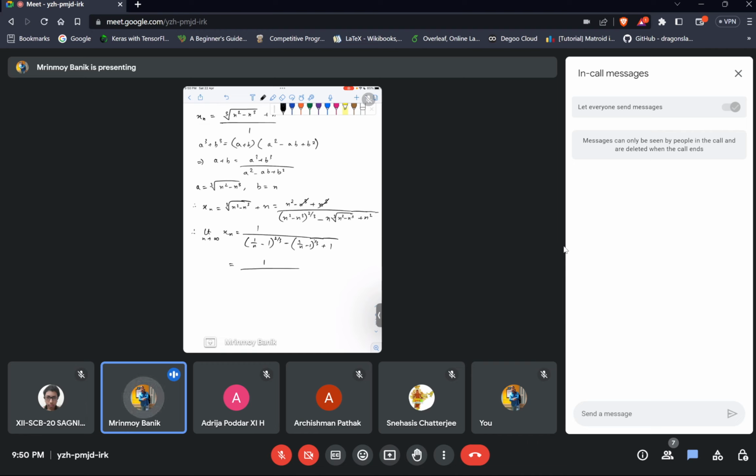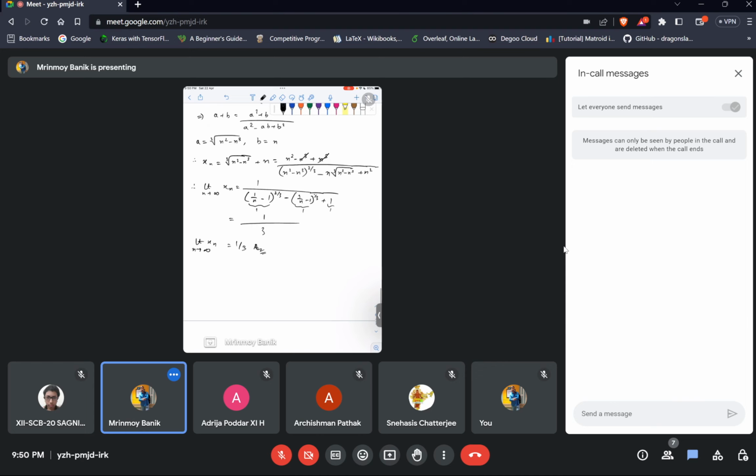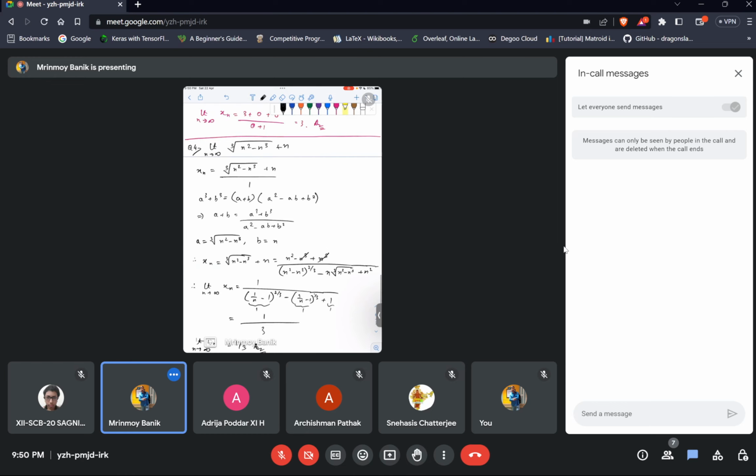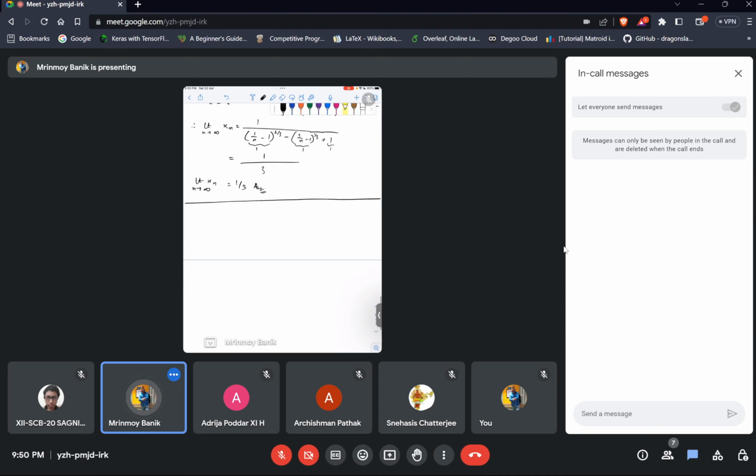Now we can separate the limits. This is 1, this is also 1, this is also 1. So it's 1 by 3. So the limit is 1 by 3 also. I hope this was clear. No one having doubts?